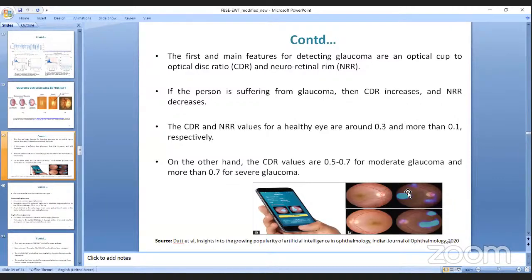So at the beginning level, one can detect glaucoma based on fundus images. People are trying to develop various signal processing and machine learning based methods for automated systems for the identification of glaucoma in real time.